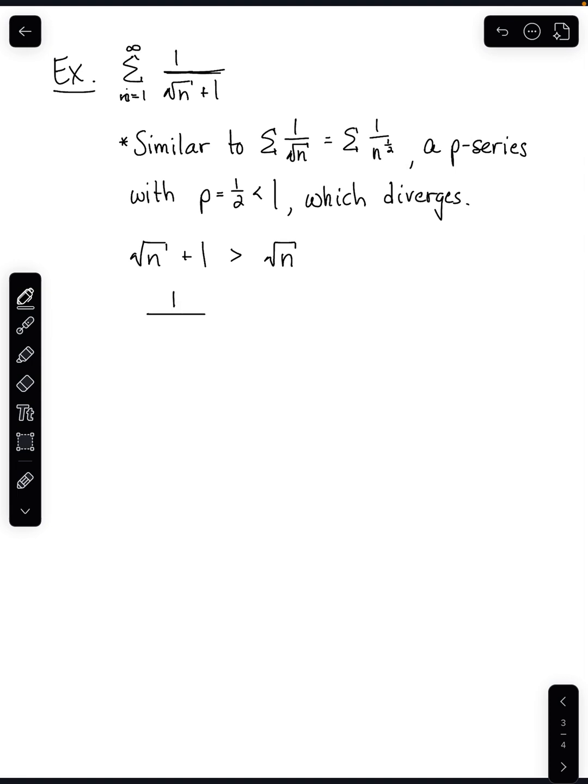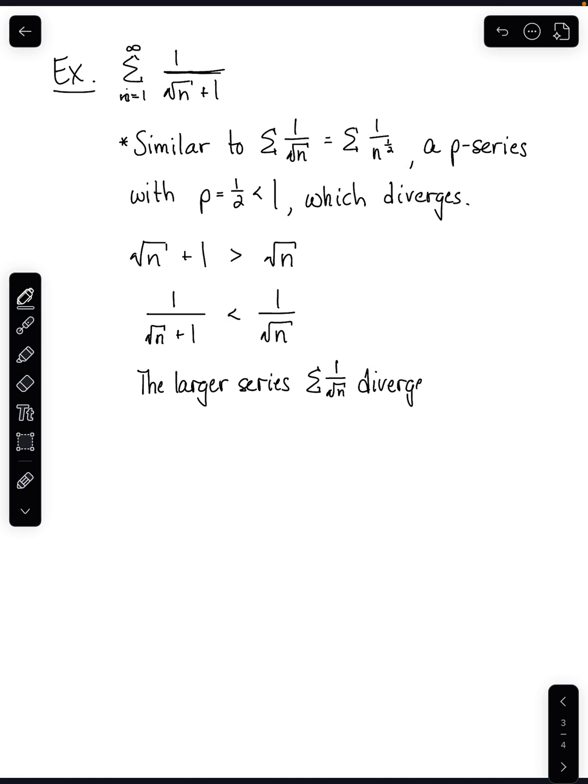Therefore, their reciprocals have the opposite relationship. So what we are showing here is that the larger series diverges. The larger series is the 1 over the square root of n.